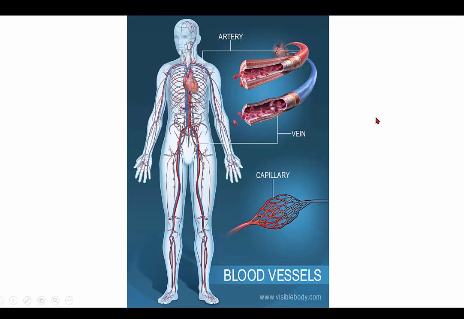So the next little section in this booklet is all about the different types of blood vessels. In your body, you've basically got three types of blood vessels. You've got arteries, veins, and capillaries. Now, for arteries, the important thing is that they carry blood away from the heart, whereas veins will carry blood into the heart.